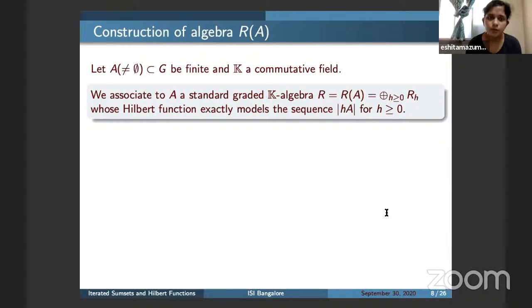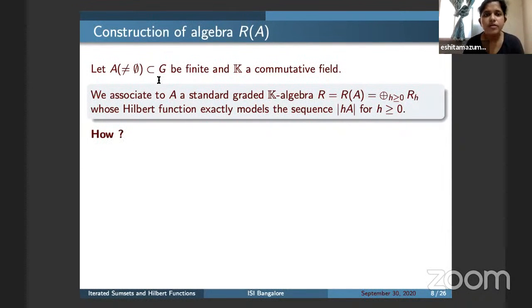What I want to do is associate a standard graded algebra RA. So the Hilbert function exactly models the sequence of cardinalities of the h-fold sumset of A, right? Now how to do that?